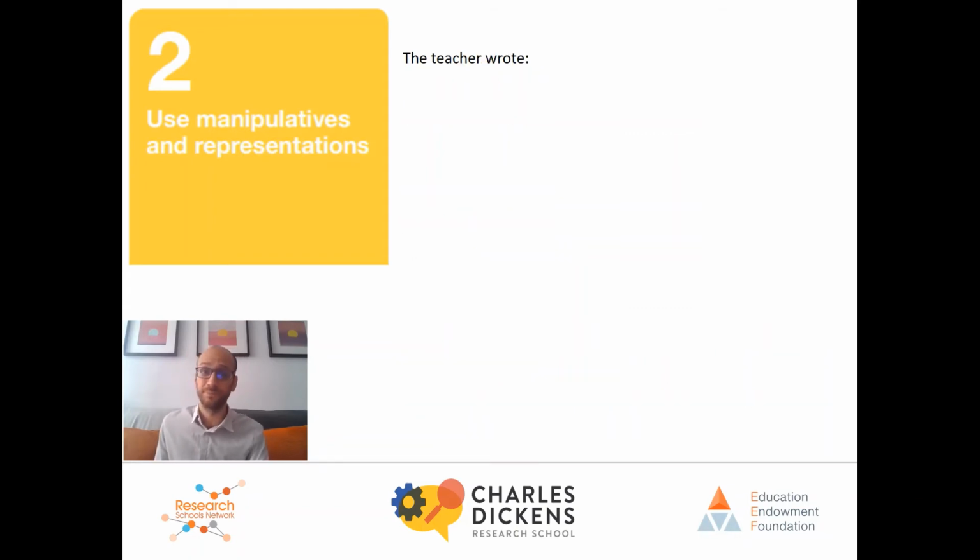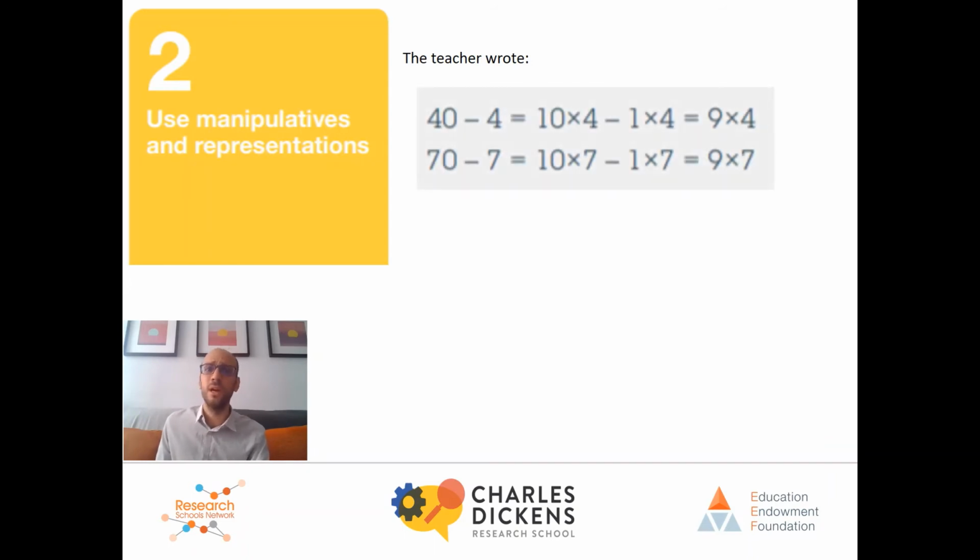The teacher then wrote, 40 subtract 4, our original problem, equals 10 times 4, subtract 1 times 4, which equals 9 times 4. And also with the example that the pupil gave, 70 subtract 7 equals 10 times 7, subtract 1 times 7, which is 9 times 7, meaning you always get a multiple of 9.